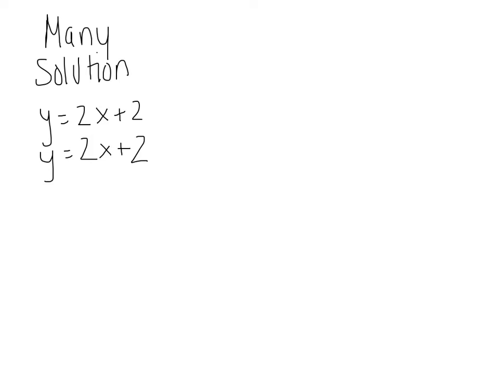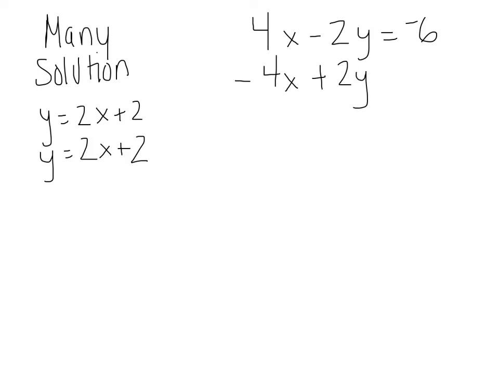But what happens if I have a set of equations where I'm instructed to solve by linear combination? You can notice that the coefficients in each equation for each variable are opposites.